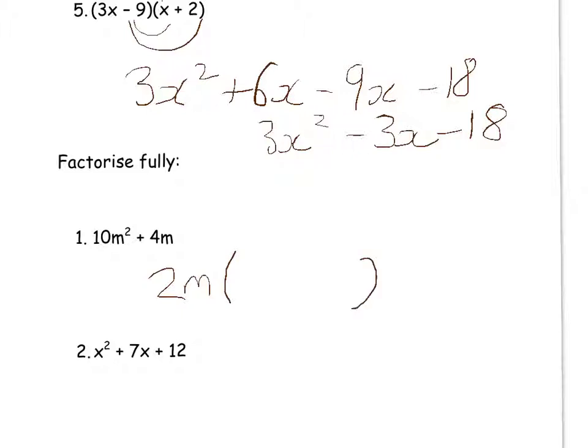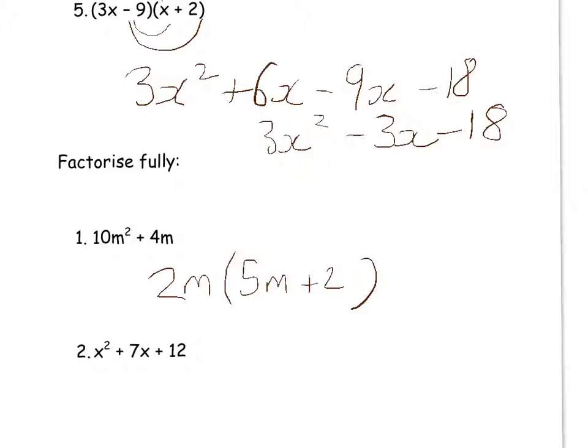So, what do we times 2m by to get to 10m squared? Well, 2 to get to 10 is 5, and m to get to m squared, well, that is an m. And 2m to get to 4m, well, 2 to get to 4 you need to times by 2, and m to get to m, well, we don't need any m's because when we expand out, we'll do 2m times 2, which will give us 4m.